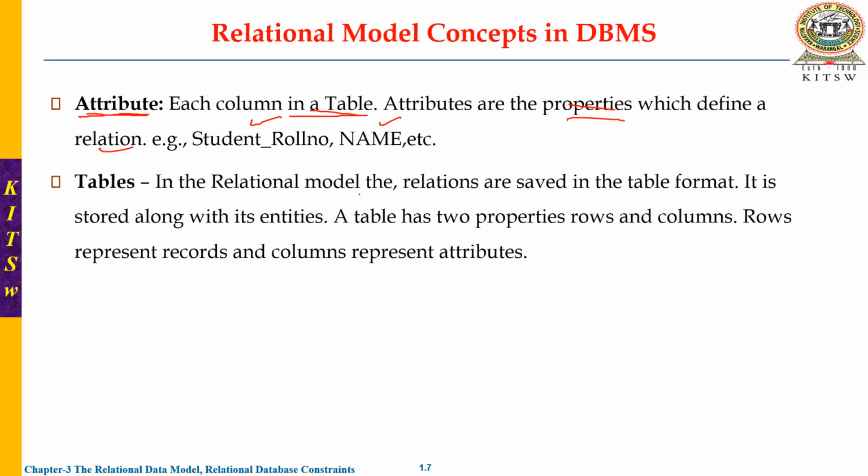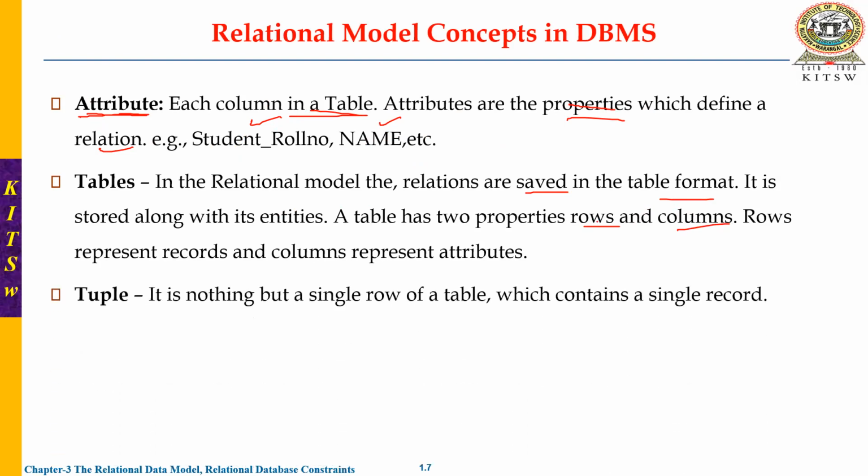Tables: in a relational model, relations are saved in the form of a table format, stored along with its entities. A table has two properties, rows and columns. Rows represent the records and columns represent the attributes. A tuple is nothing but a single row of a table, which contains a single record.